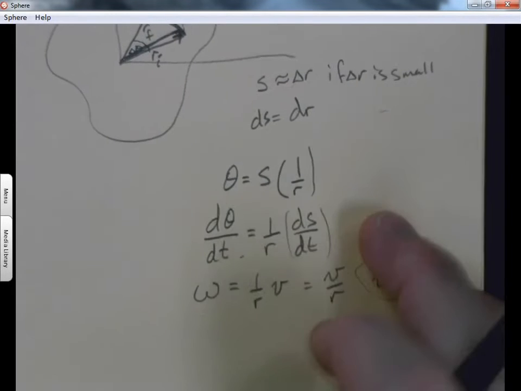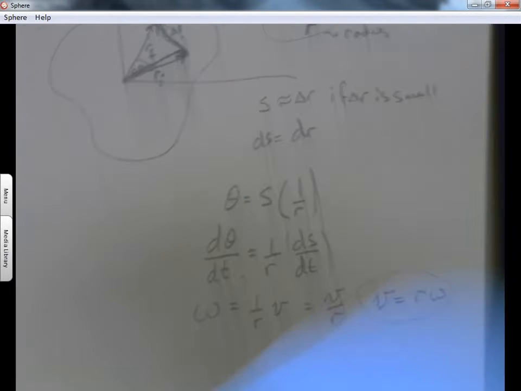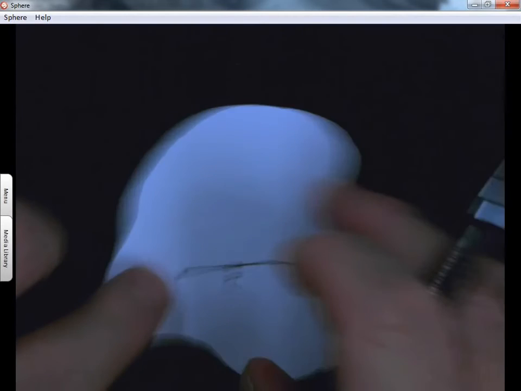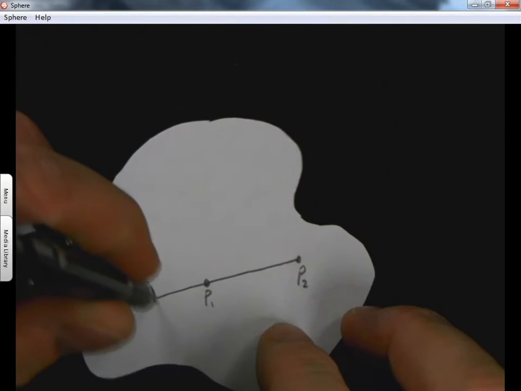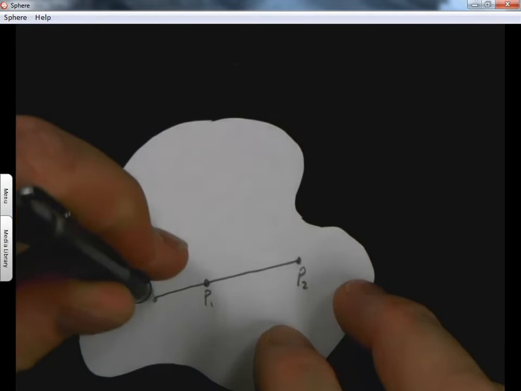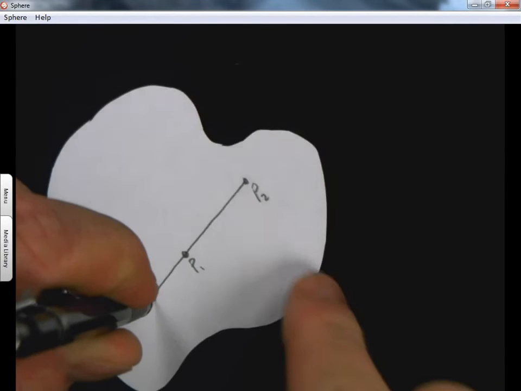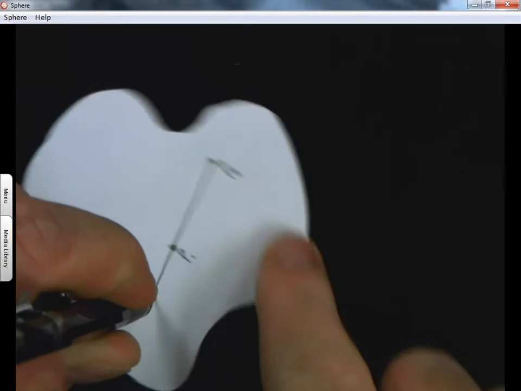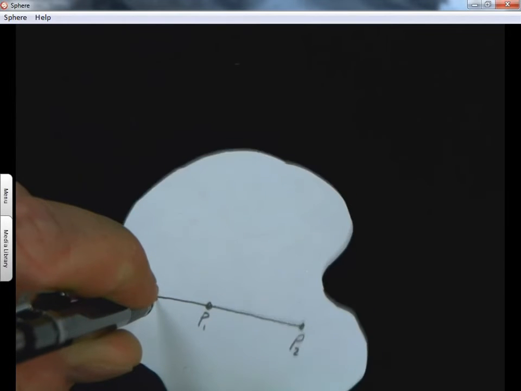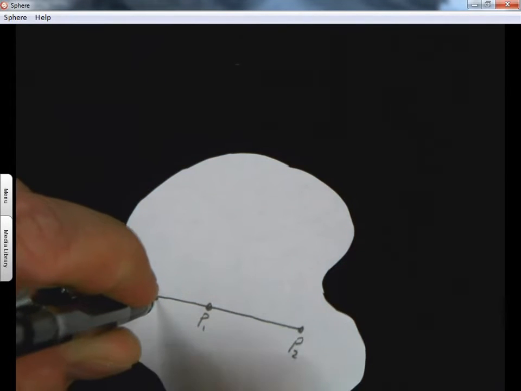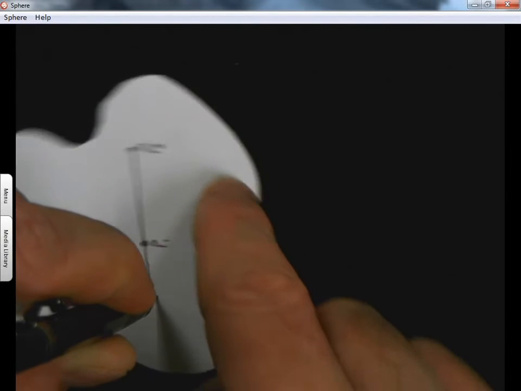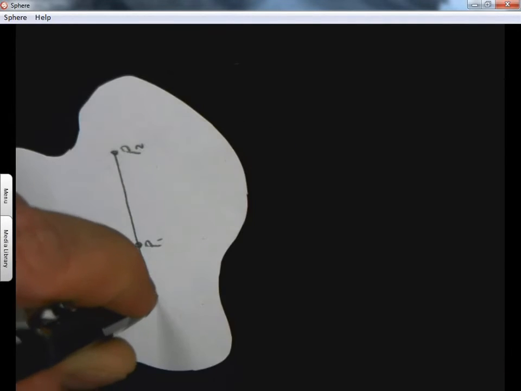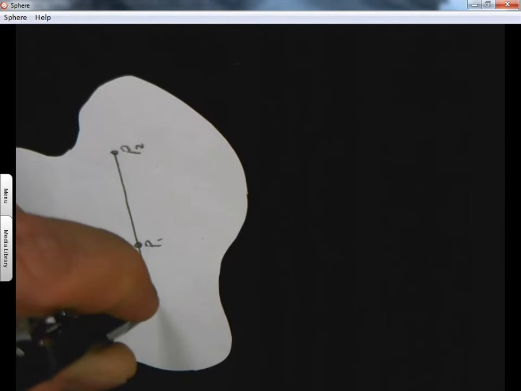And this should make sense. And here, this is an important distinction, because here's a rotating object, and imagine we've got this going on. P1 and P2 are rotating along this line. They're rotating at the same angular velocity, right?